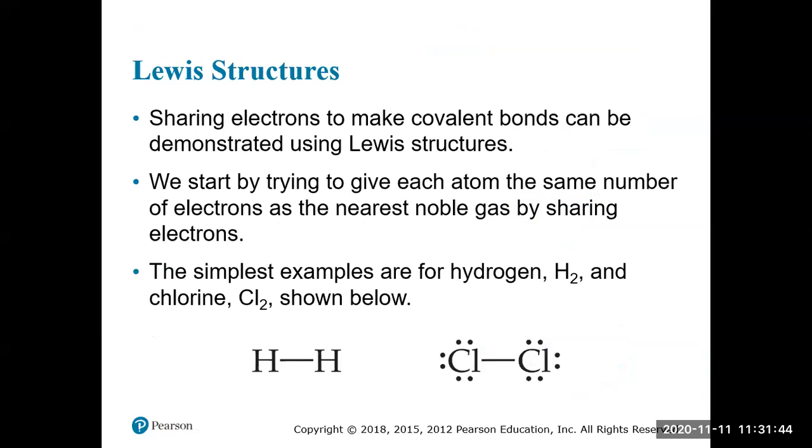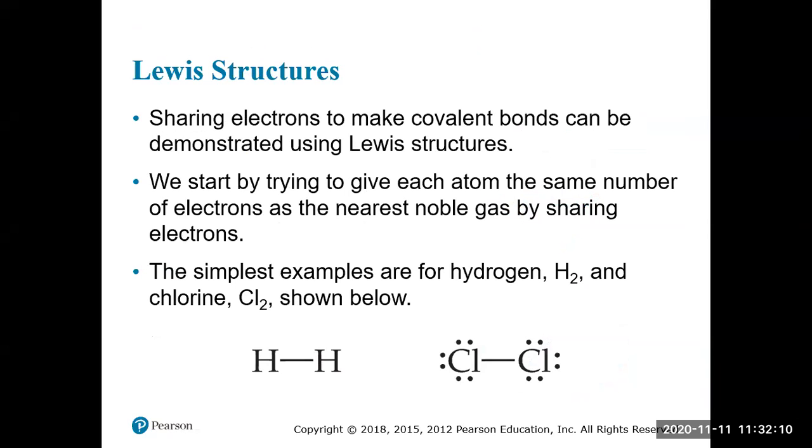When we draw our Lewis structures, we can show the covalent bond by a line. Here you see two examples. We could have a line between the H and H or between the H and Cl, or we could have two dots there. Either one is the same thing.